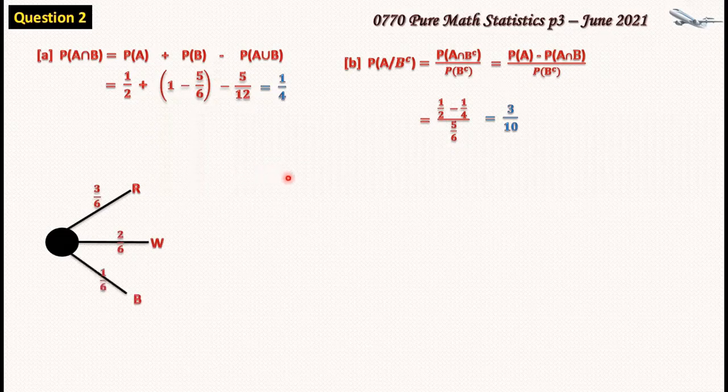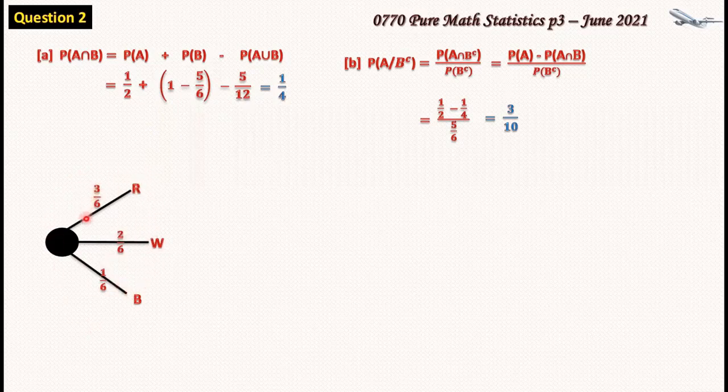And they want us to draw, the first thing is to draw the tree diagram that illustrates the possible outcomes of this draw. We are equally being told that when a ball is drawn from the bag, it is not replaced. So the bag contains 3 balls which are red, 2 which are white, and 1 which is blue. So altogether there are 6 balls. So this is for the first draw.